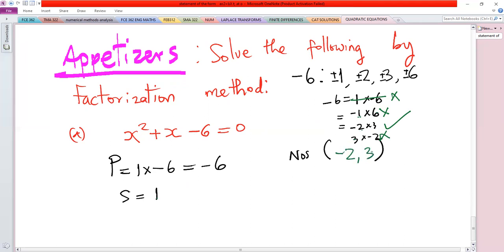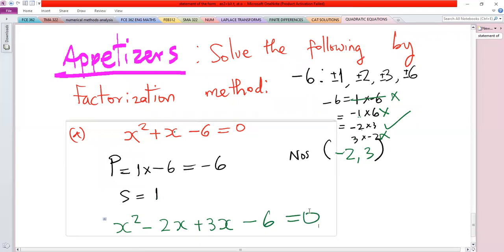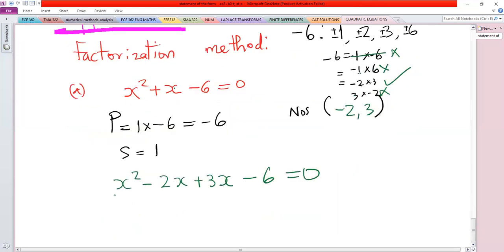So we use this negative 2 and 3 to rewrite the middle term. Therefore we'll have x squared minus 2x plus 3x minus 6 equals 0. And then next step, do the pairing, the first two and the last two.